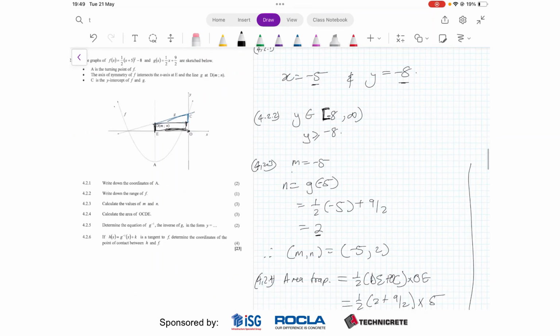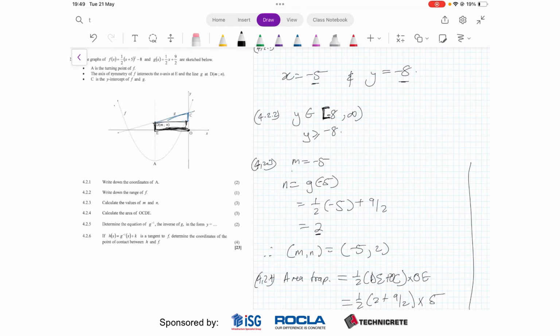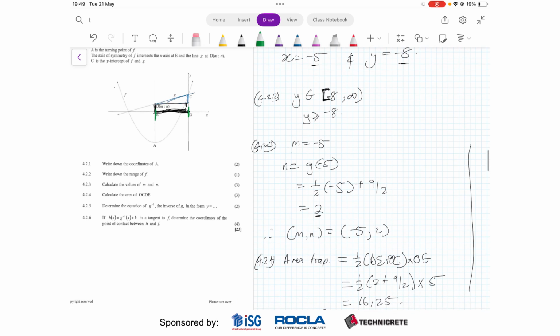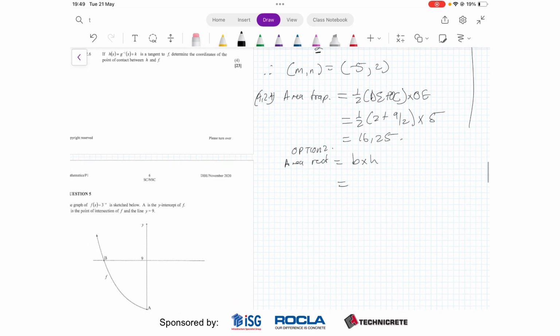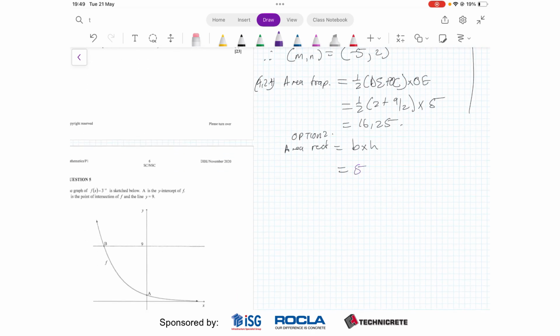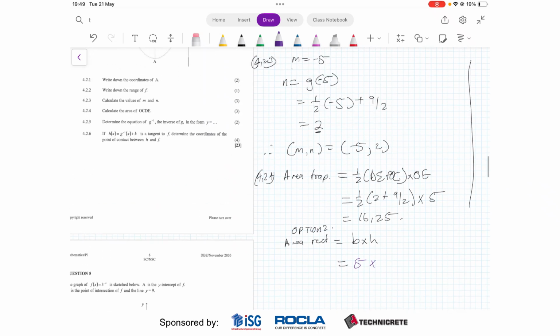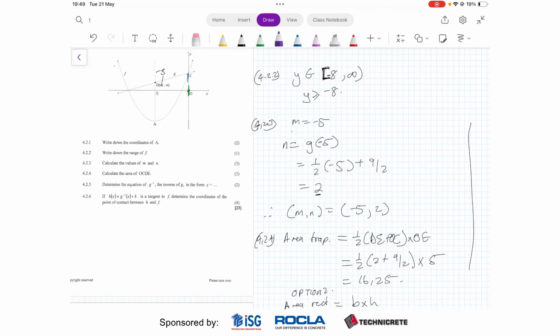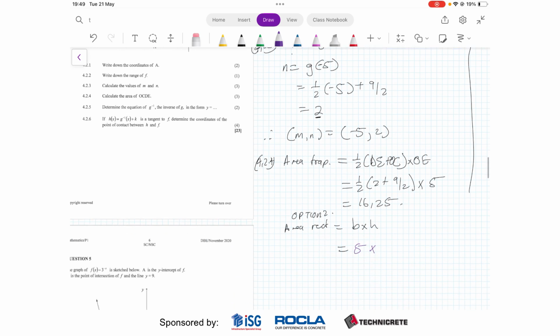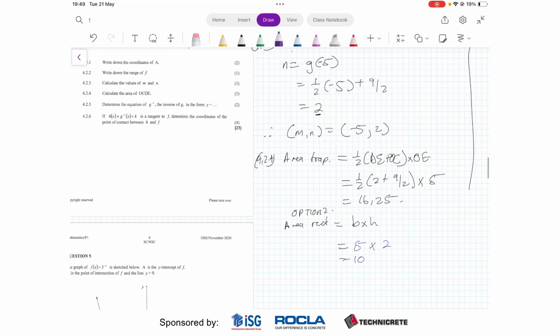Looking at our rectangle, here is our base. Our base has a length OE. OE we've already established is equal to 5, because remember the coordinate of M is -5. Therefore the base is 5, multiplied by our height. Our height will be this length right here, DE, which we've established is 2, and that is equal to 10.